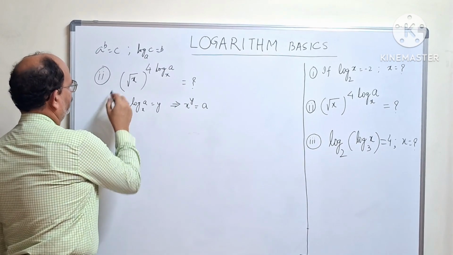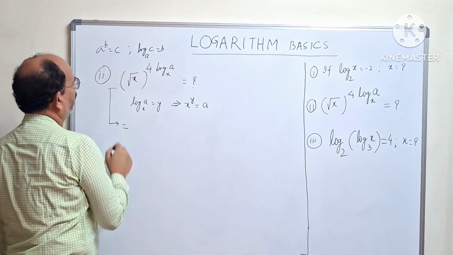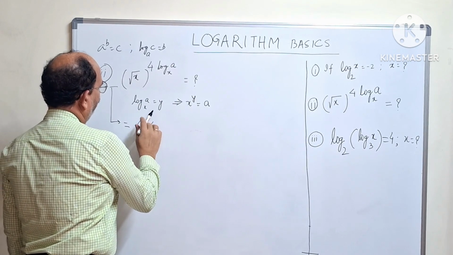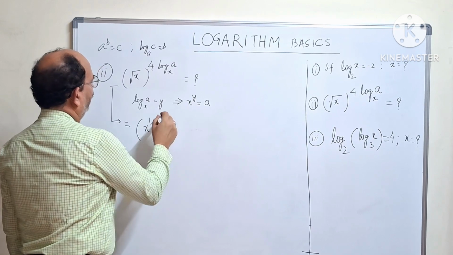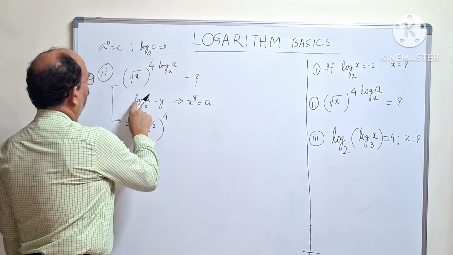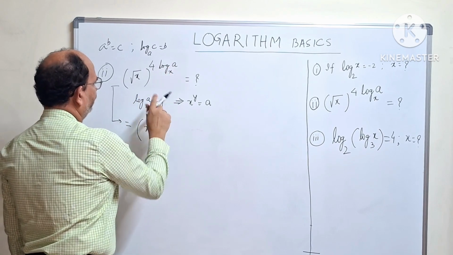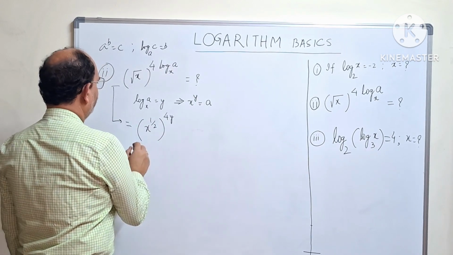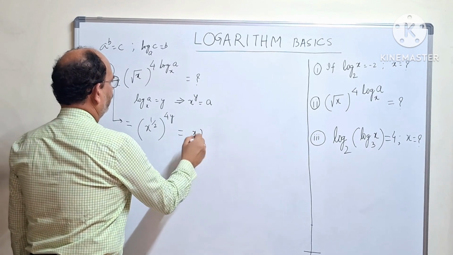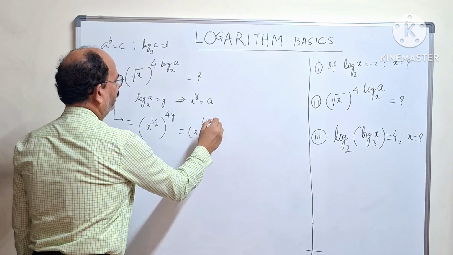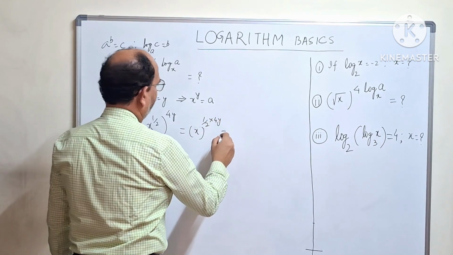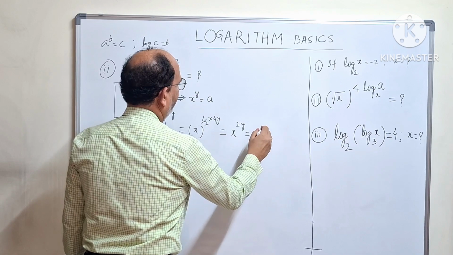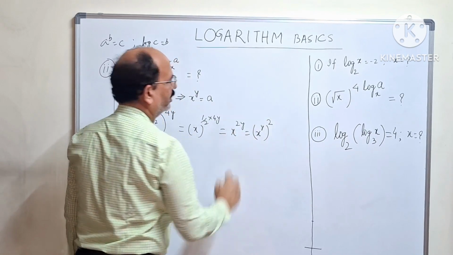Now let's extend this. This will be equal to root x, we can write x to the power 1 by 2, and this we can write 4, and because log a base x we have taken y, we can write it as 4y, which will lead to x to the power half into 4y, which can be written as x to the power 2y, and x to the power 2y we can write as x to the power y the whole square.